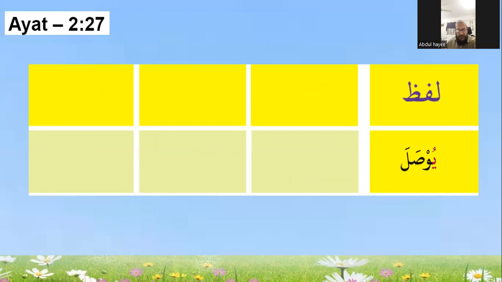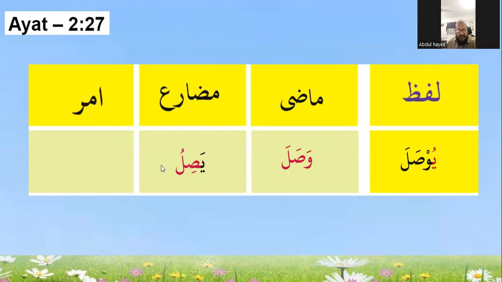The next is yusala. Make the madi: wasala. So make the mudare: yasilu, not yuwasilu. Yasilu. So when it is yasilu, what is the amr?